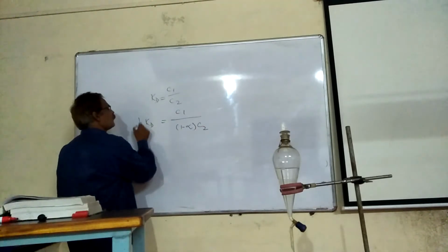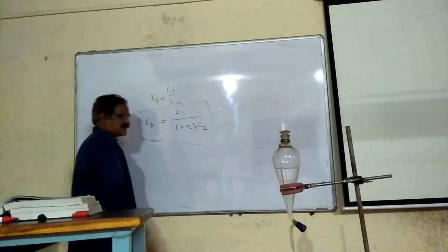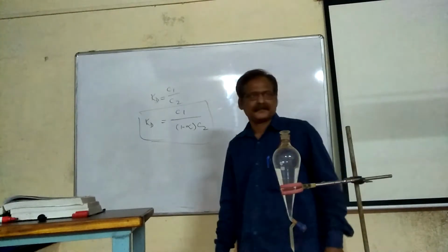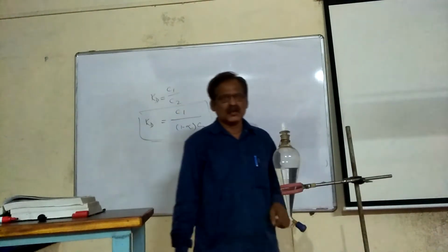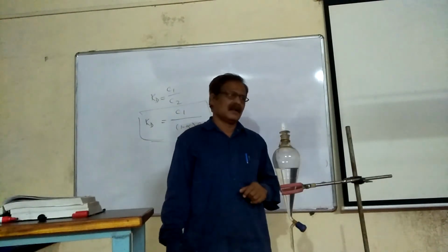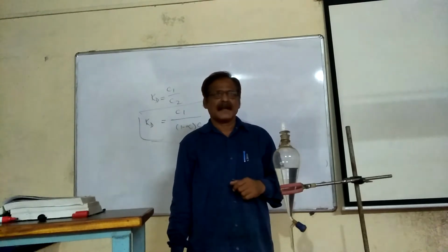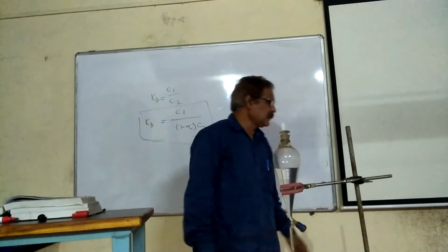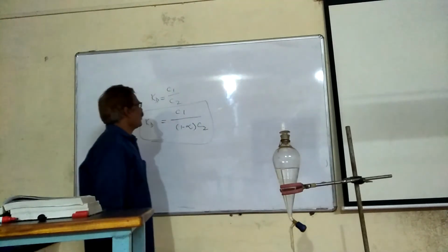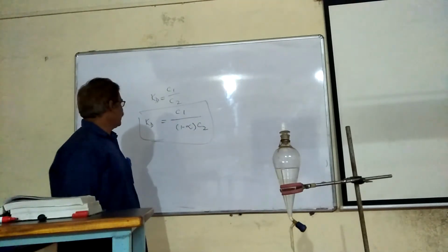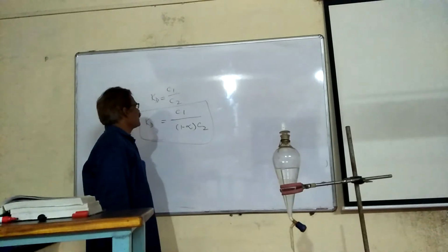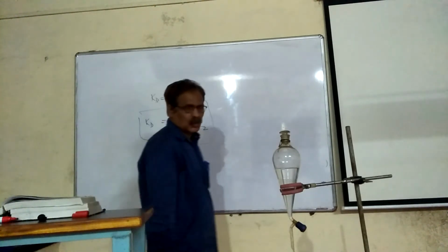So the normal Gauss distribution law expression C1 upon C2 is to be modified in this particular case, and the modified expression is Kd is equal to C1 upon 1 minus alpha into C2.